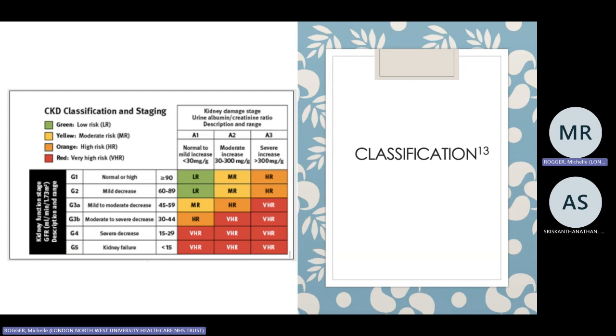Then a mild decrease, which isn't really CKD yet, is 60 to 89. Progressively it gets worse. The albumin gets divided into 3 ranges: less than 30, 30 to 300, or more than 300. Based on the combination of those two, you've got low risk, moderate risk, high risk, or very high risk of complications.